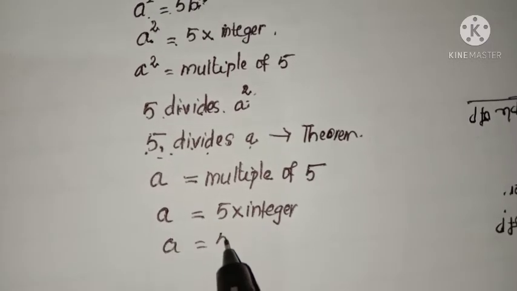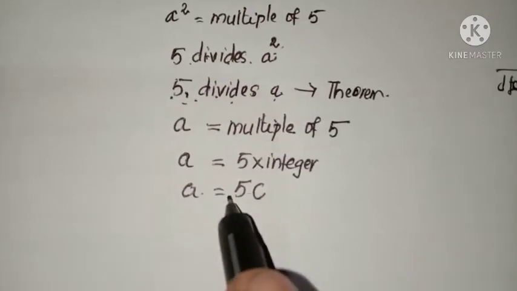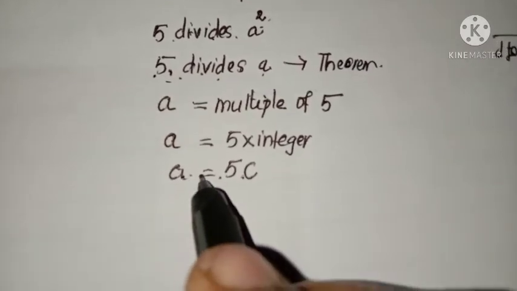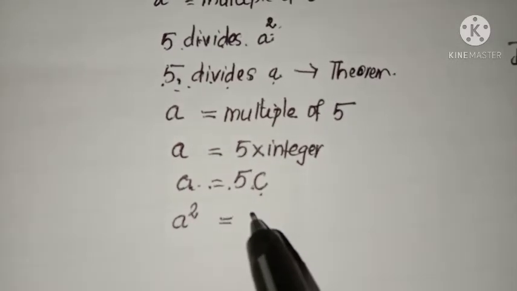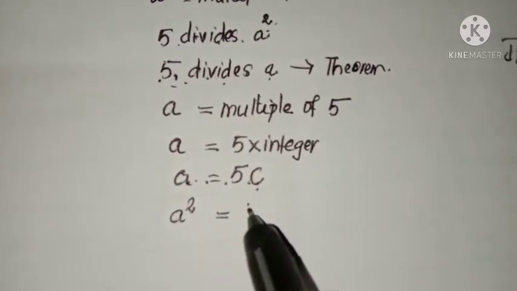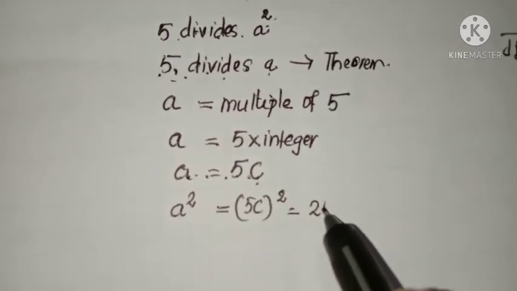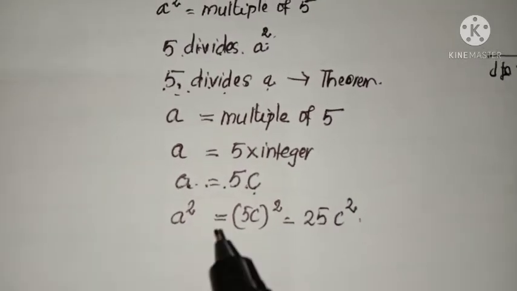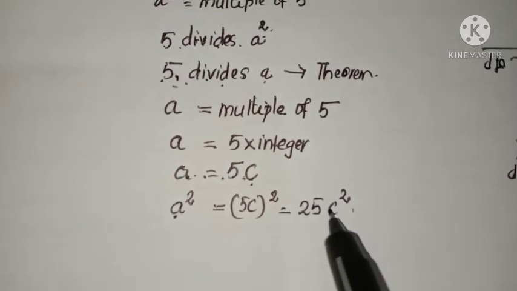Take this positive integer as C. So A equals 5 into C. Now if A is equal to 5C, then what is A square? A square equals 5C whole square. 5C whole square is 25 C square. So A square equals 25 C square.